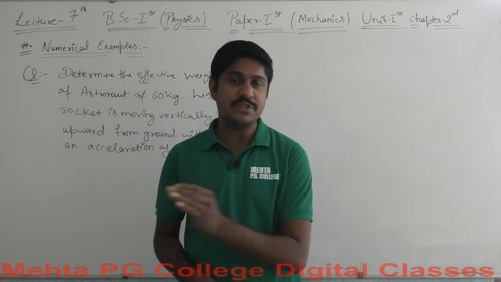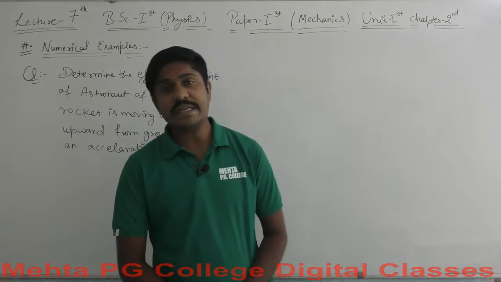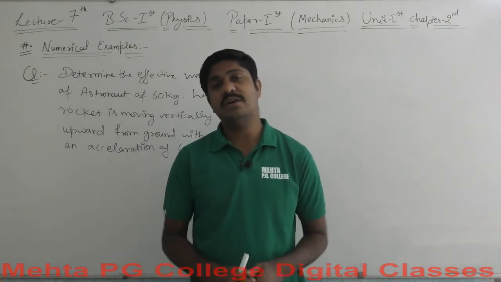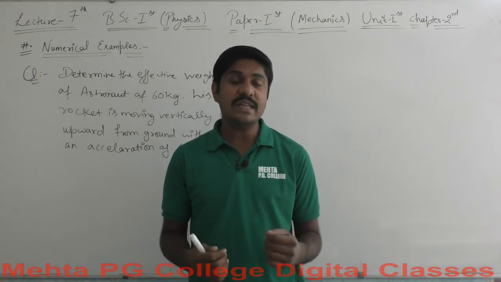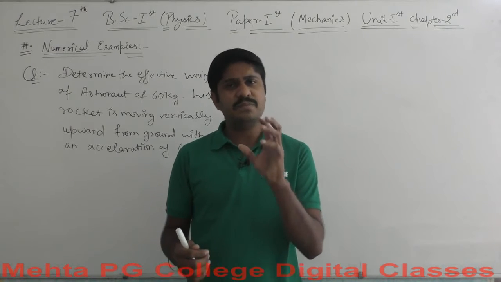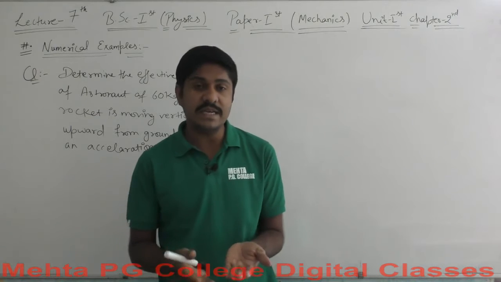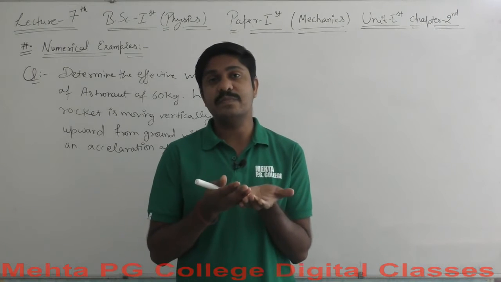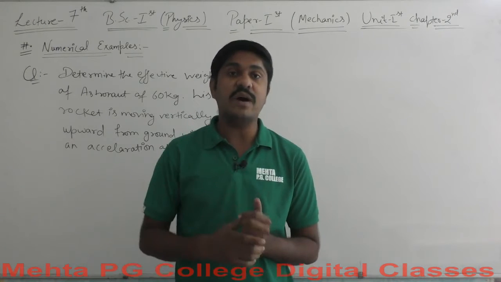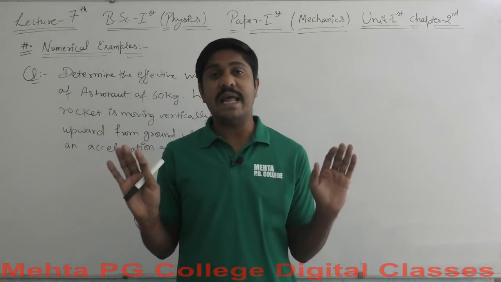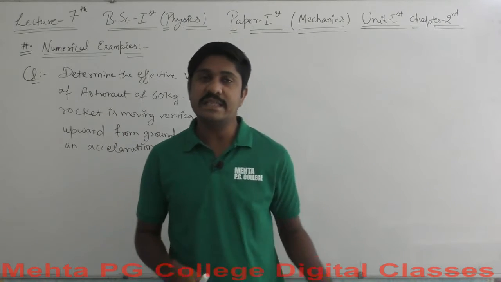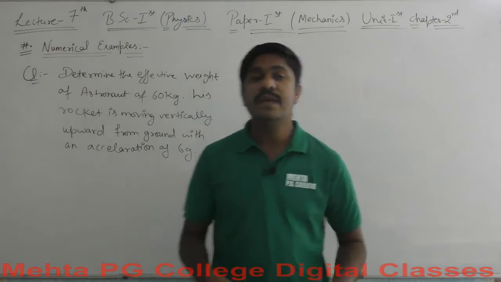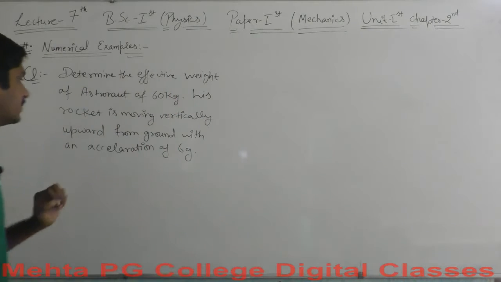We got a concept of moving lifts. When the lift is going upward and you are inside, you will feel that your weight keeps on increasing. But when the lift is going downward, sometimes you feel lighter than usual. So that's all what happens here, and the same thing is related to what we are talking about right now.